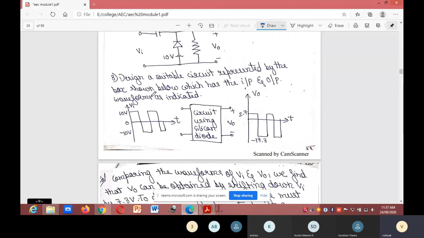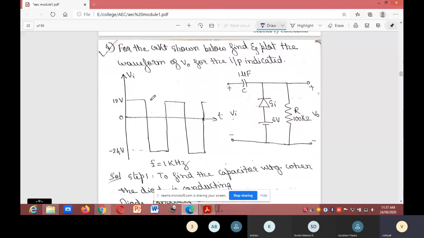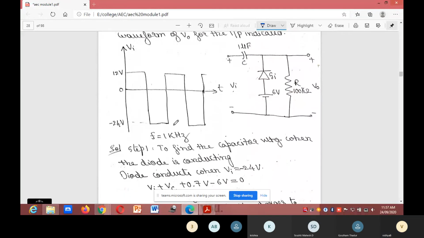Okay, next is: for the circuit shown below, find and plot the waveform of V0 for the input indicated. Step 1 is to find the capacitor voltage when the diode is conducting.